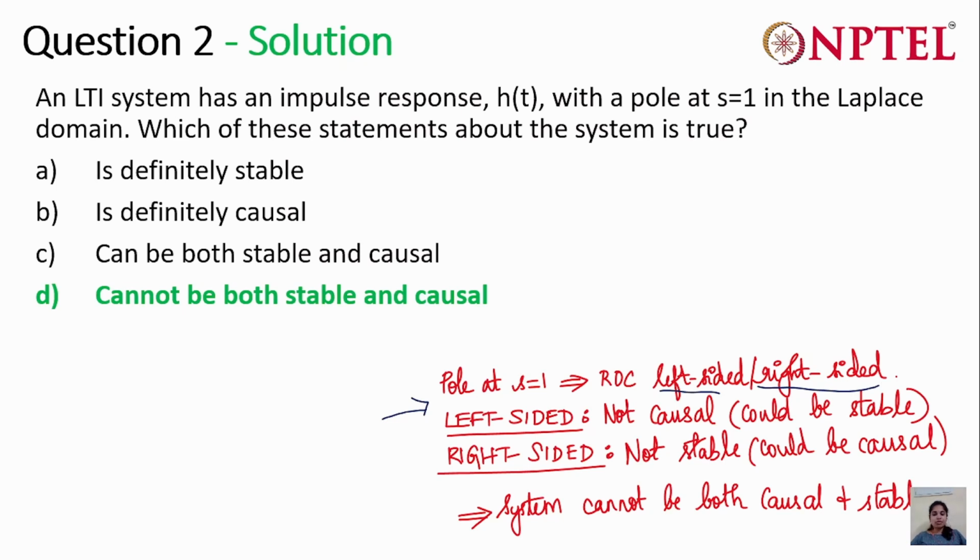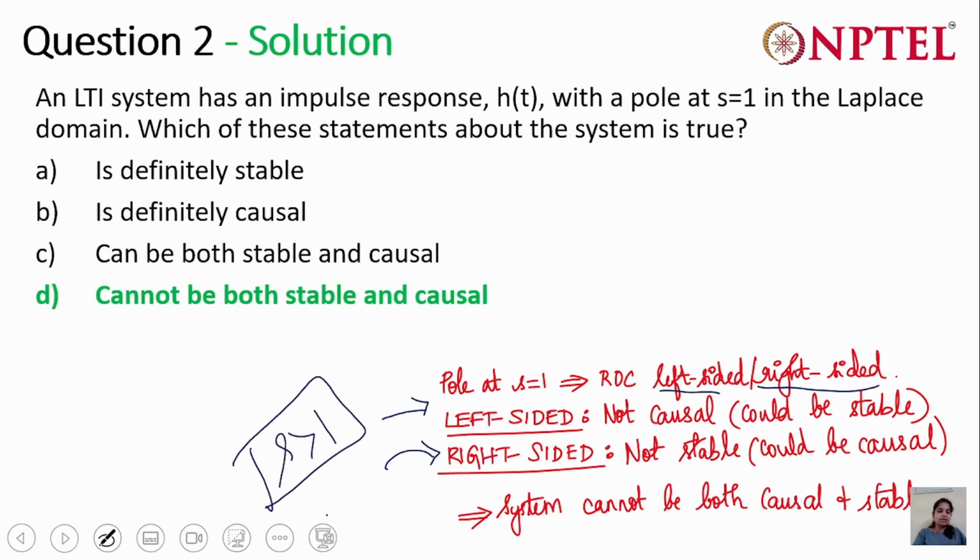Same way, if we consider the ROC is right-sided, that is, if we consider s greater than 1, it clearly does not include the j omega axis. So it is not stable. However, it could be causal. So simultaneously, the system cannot be both stable as well as causal. So the answer is option D.